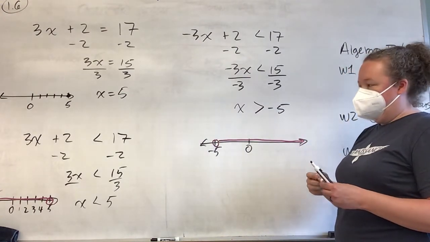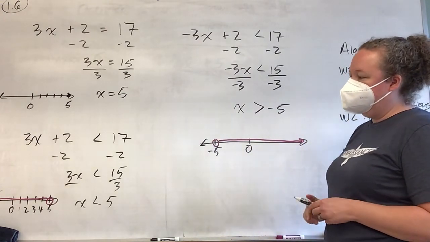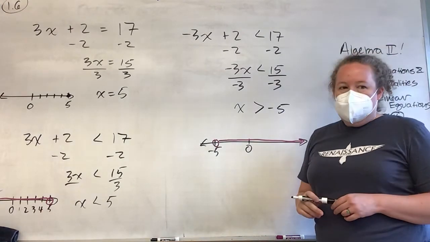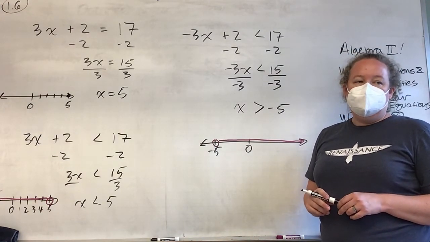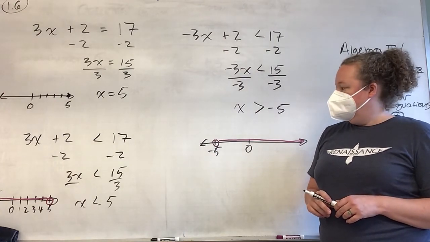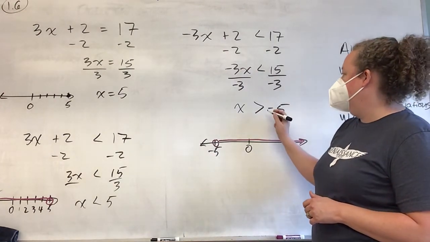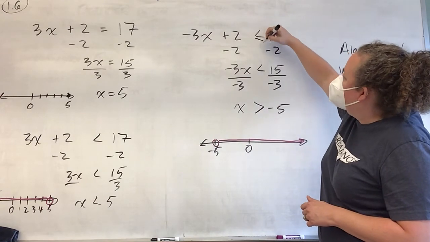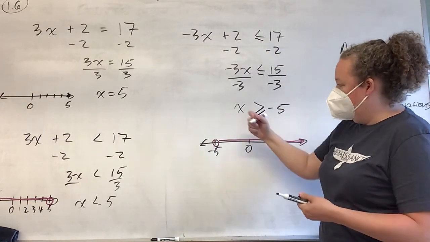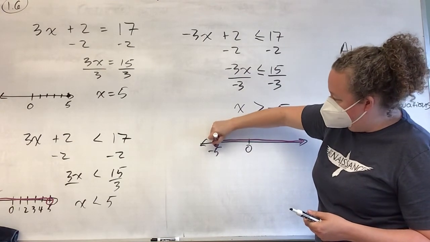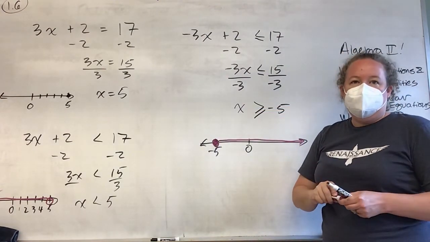Then we're going to go up the number line. Lily C, when is it a closed dot? When it is less than or equal to or greater than or equal to. That's right. So if this were less than or equal to, or greater than or equal to, that would mean that we would fill in the dot.